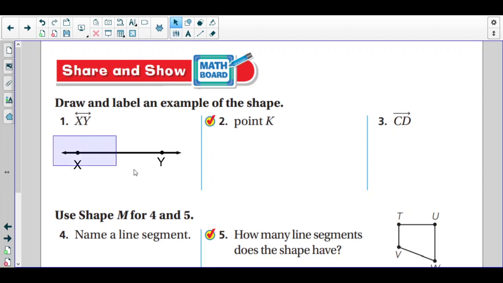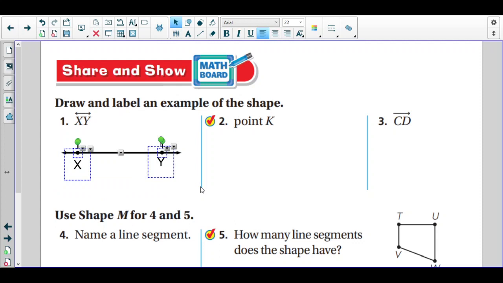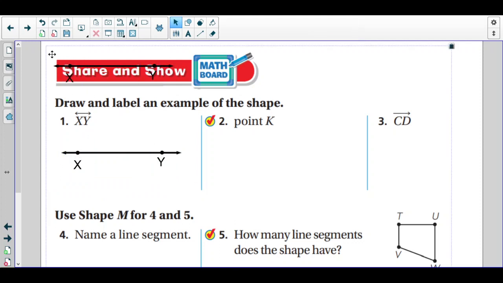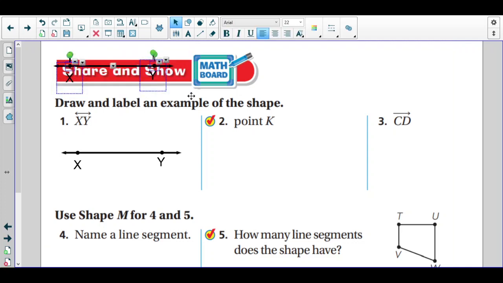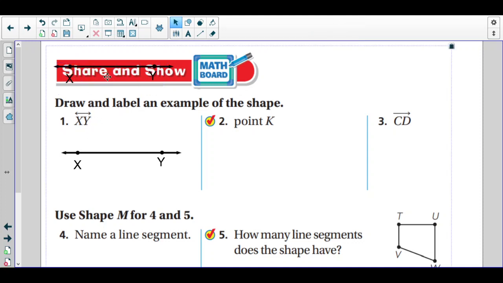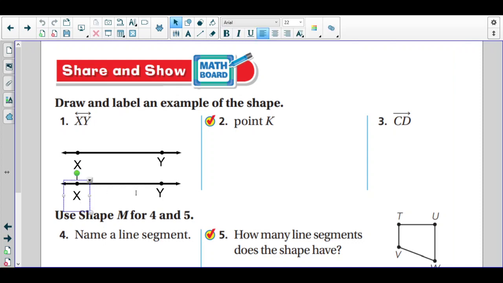Well, very simply, we could make this the Y right there and the X right there. So either one of those would have worked.